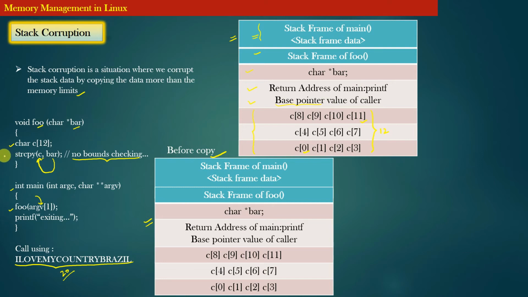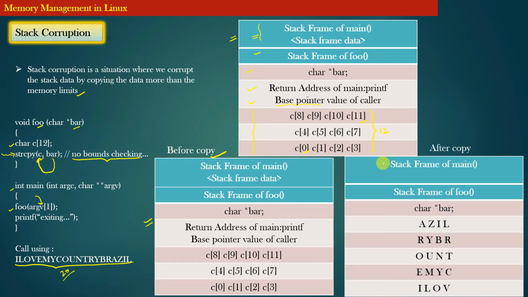But the moment this instruction has executed and the string that you passed as an argument has been copied into this buffer, the stack frame would look something like this. You can see how the string gets copied in the stack memory. The legal memory into which you were allowed to copy the string was only 12 bytes, because 12 bytes was the size of the local array.